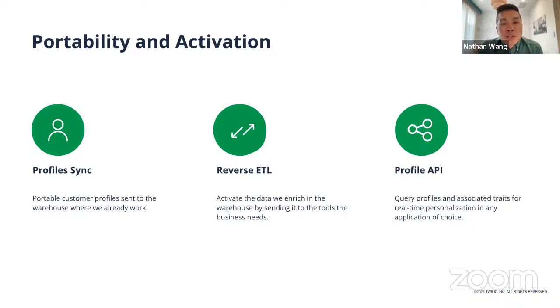Second, we can also enrich the profile using data from systems of record, such as a CRM or customer support tool, and subsequently activate that data by using reverse ETL to send it downstream to any tool that the business requires.